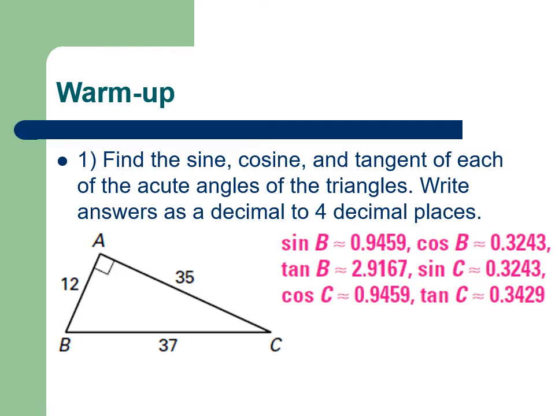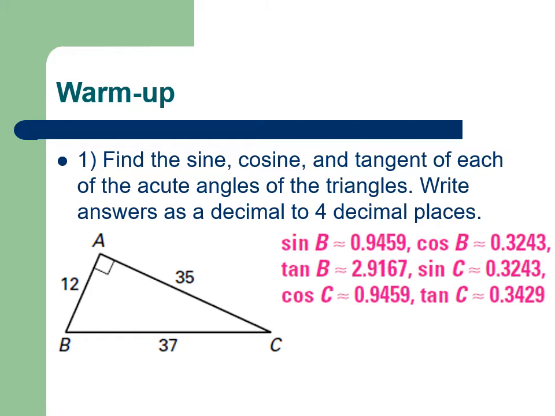And it ends up being pretty obvious that the sine of B and the cosine of C are the same values. And if you looked at the numbers you were using for sine of B, the opposite side was the same as the adjacent side for angle C. And so it makes sense that those two would end up being the same values.